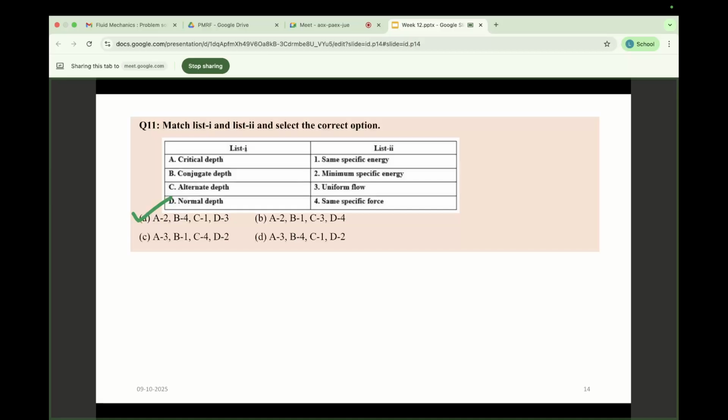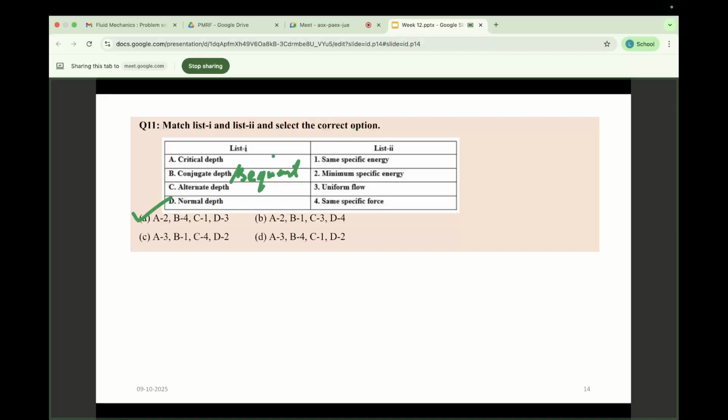The critical depth is the depth which has the minimum specific energy, and the conjugate depth is also known as the sequent depth. Okay. So that means two points, one below the hydraulic jump and another above the hydraulic jump, having the same specific force.